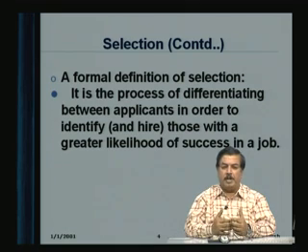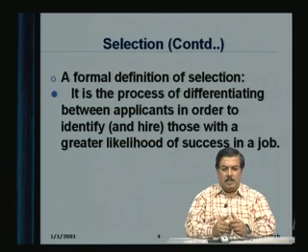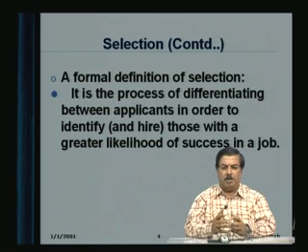Someone may be a very capable person, whose ability is very high, but we may feel that he may not adjust with others, he may not be a good team player. Another situation is a great team player who does not possess the required qualification.